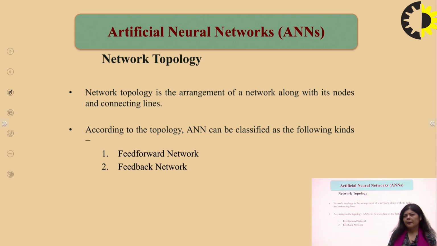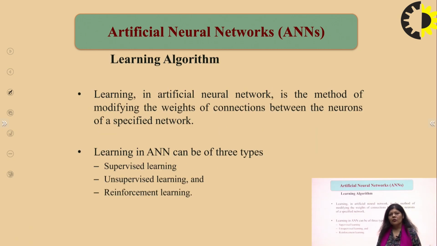According to the topology, all ANNs can be classified broadly into one of these classes. We can have a feed forward network architecture, or a feedback network architecture. Either I can create an ANN with a feed forward topology, or the other variation is a feedback network consisting of feedback loops.